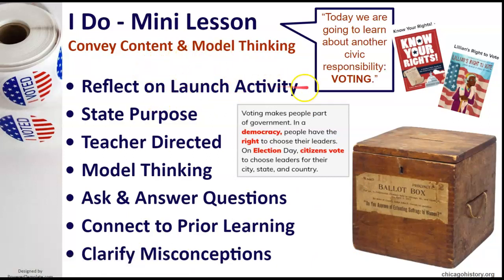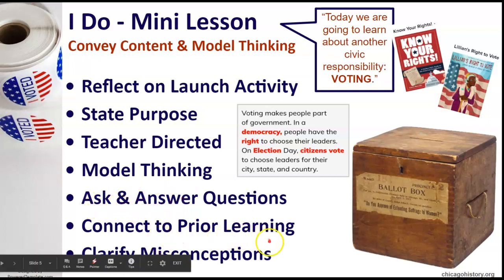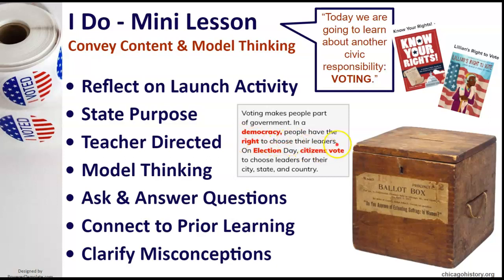We reflect on the launch activity, the hook, and we state the purpose and the learning objective. Sometimes it's teacher directed, sometimes we model our thinking. There are times where we ask and answer questions. We connect this to prior learning and we clarify misconceptions. So if we look at this, voting makes people part of government. In a democracy, people have the right to choose their leaders on election days.